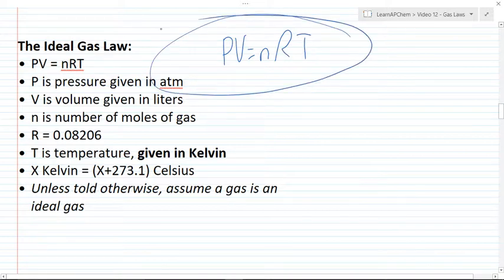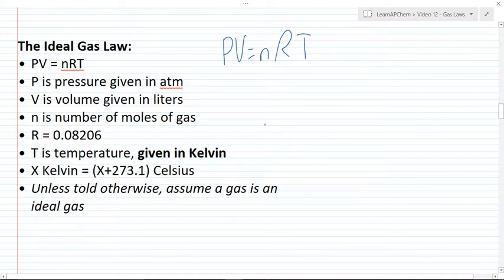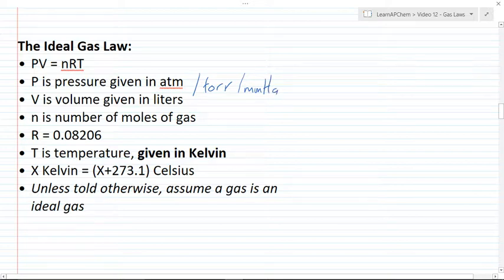And this should be very easy to come to you. PV equals nRT, pivnert. And then note that given in atm, pressure can be given in other units like torr or millimeters of mercury, but note that that's going to change your R. V is always in liters and n is always moles.